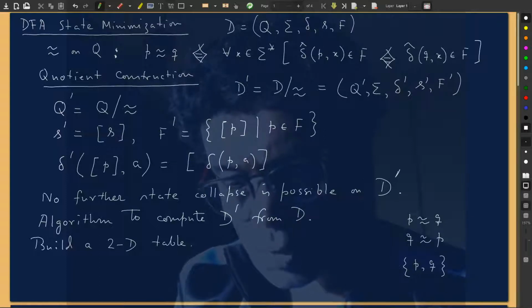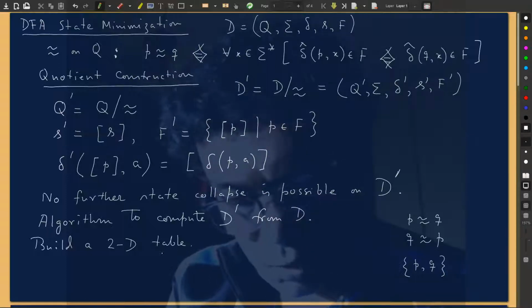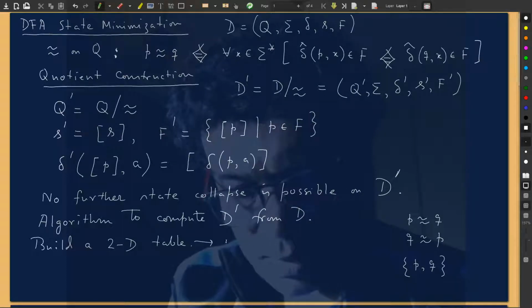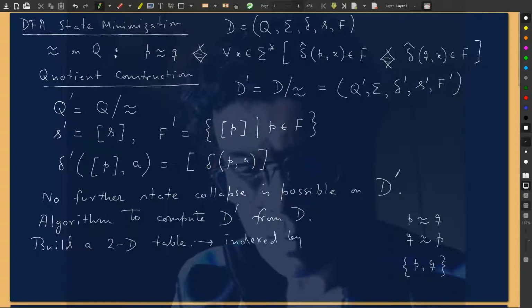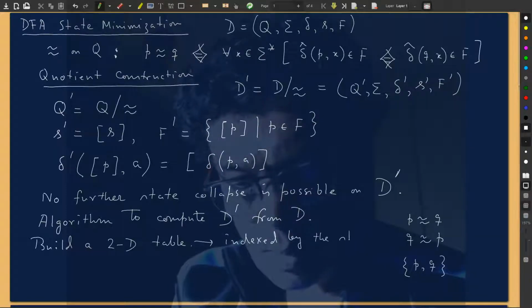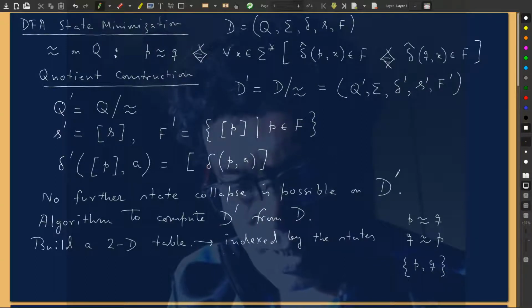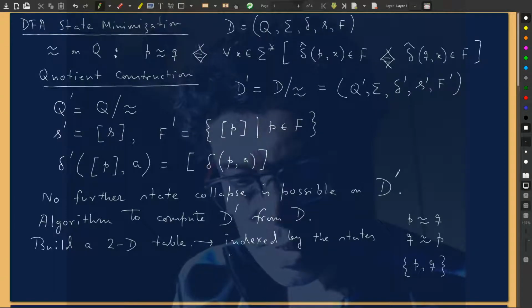So P is equivalent to Q and Q is equivalent to P. Also if P is not equivalent to Q, Q is not equivalent to P, then also we will denote this. So this two-dimensional table is indexed by the states. And because of the symmetry, it's basically a triangular table. We do not need the entire Q cross Q thing.